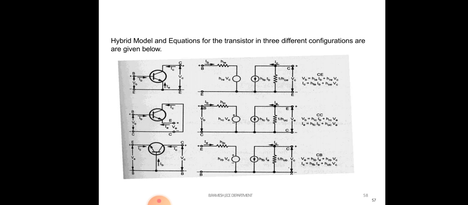Similarly for the CB configuration, the base is common for input and output. This is the common base configuration, and this is the replacement of the transistor device. The input voltage is VE and the input current is IE, the output current is IC, and the output voltage is VC.